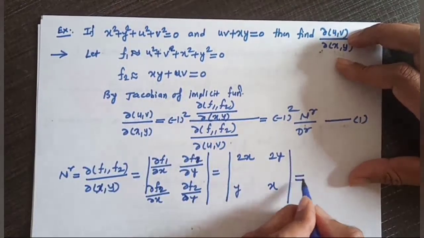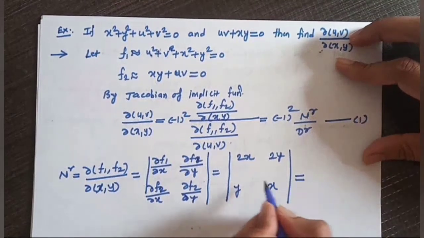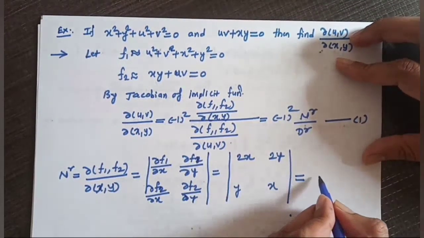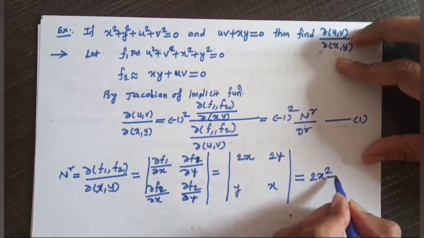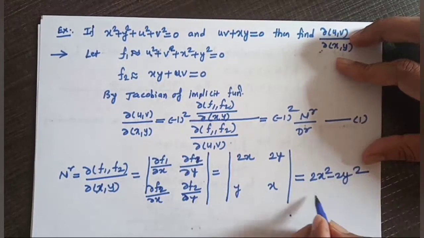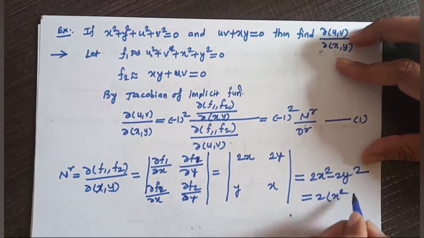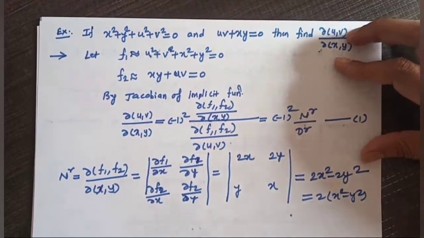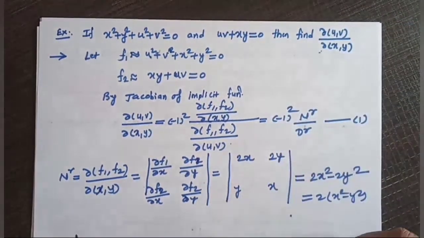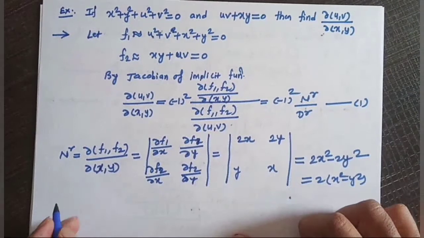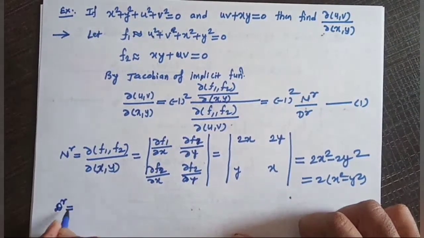Solve this determinant. It is 2x square minus 2y square, and that is equal to 2 times x square minus y square. And this is the numerator. Similarly, find the denominator. What is the denominator?